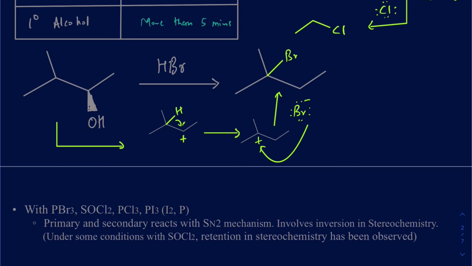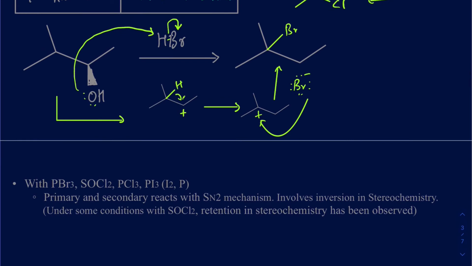So remember, there's a couple of steps that I missed in the beginning. So I can have the lone pair on this oxygen attacking here, lone pair on the oxygen attacking the proton here, another way of saying protonating this, and that would make, let me just draw that right here.